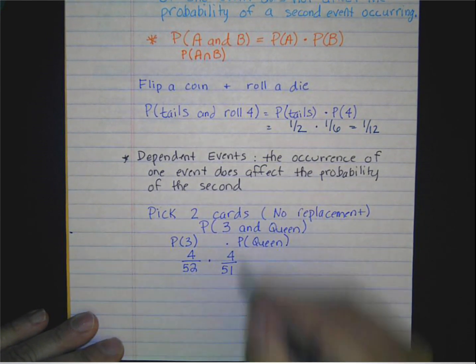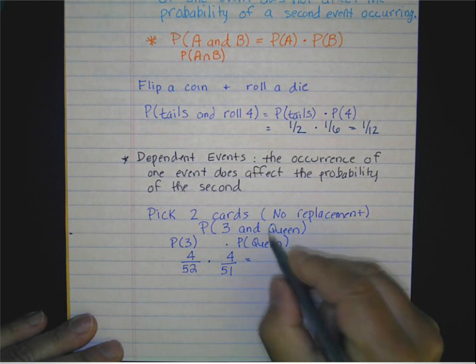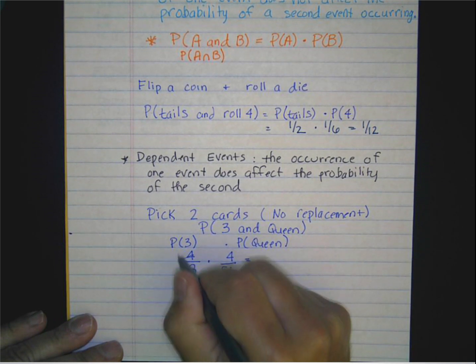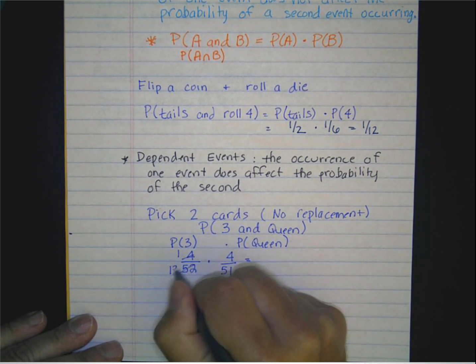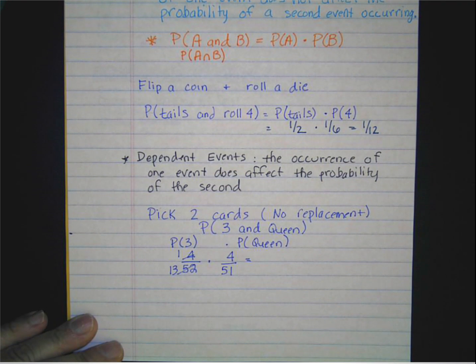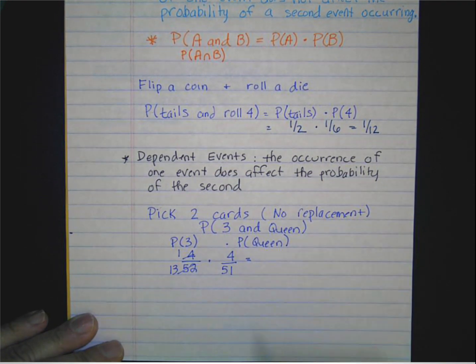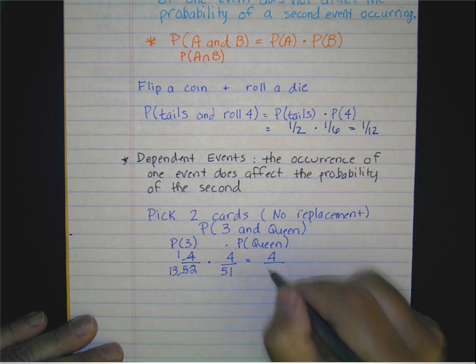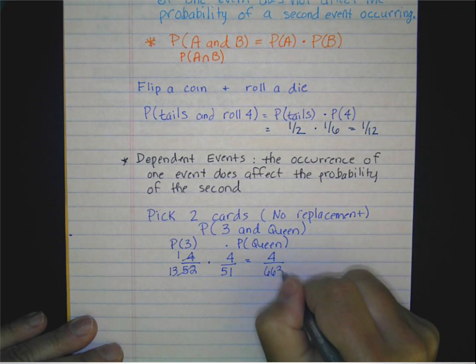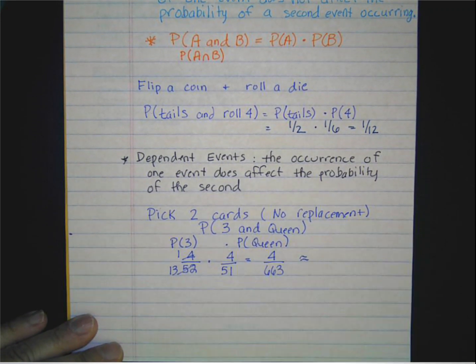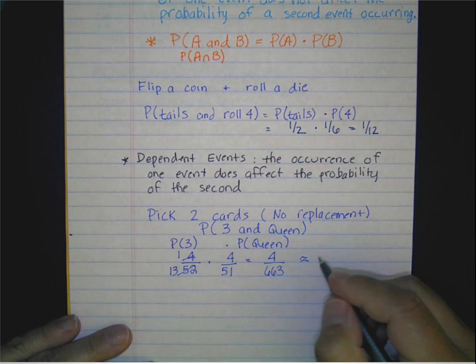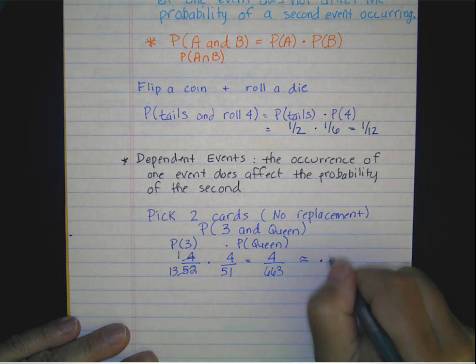So I do the math. Let's reduce this first. 4 goes into 4 once, into 52 13 times. So that would be 4 over 663, which is approximately 0.6%.